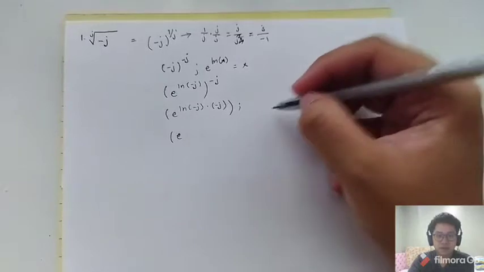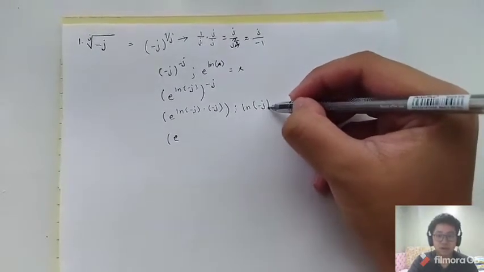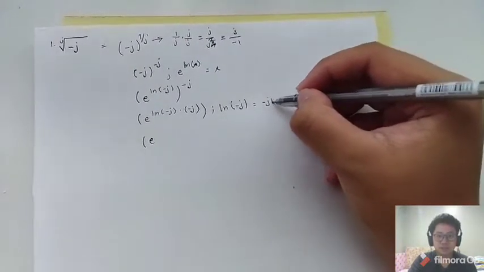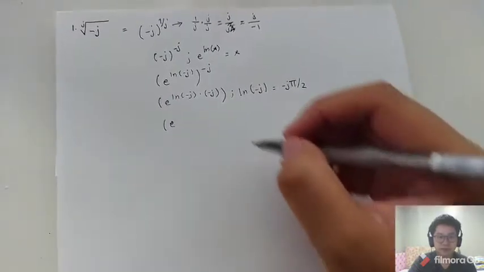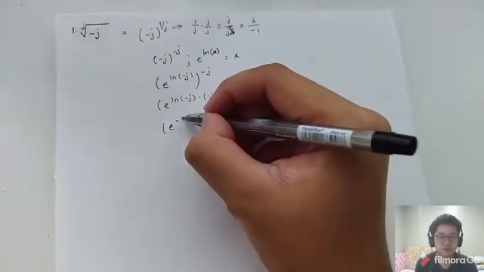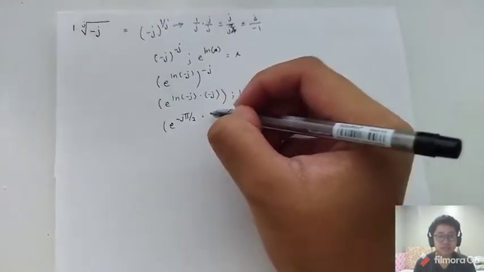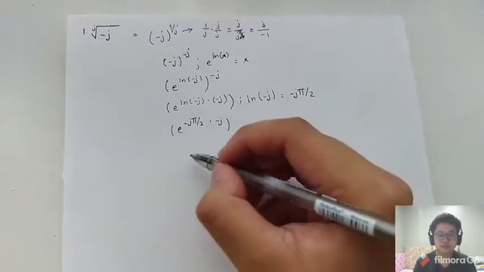by the way, the corresponding value for ln of negative j, that is just negative j pi over 2. Next, we substitute the value, which gives us e raised to negative j pi over 2 multiplied by negative j.